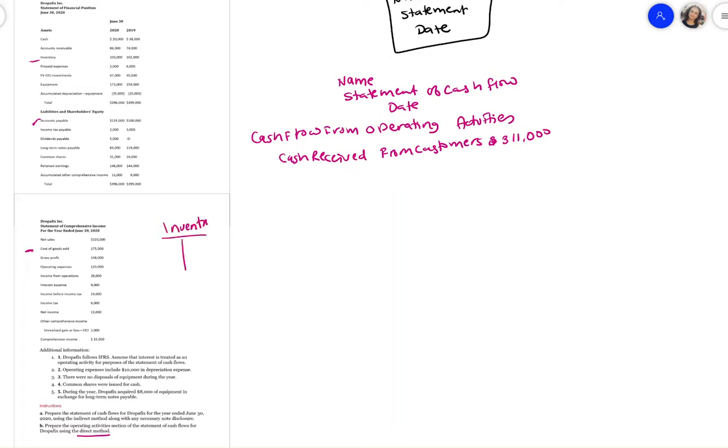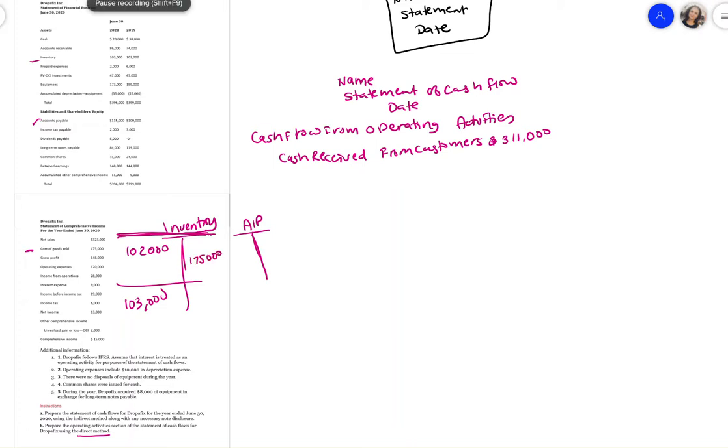So let's look at the first one. You have an inventory. From the inventory, what you're going to look at is your accounts payable. In this case, inventory, we started off with 102,000. We know we're going to end up with 103,000. That is already known. We also know that our cost of goods sold is 175,000.